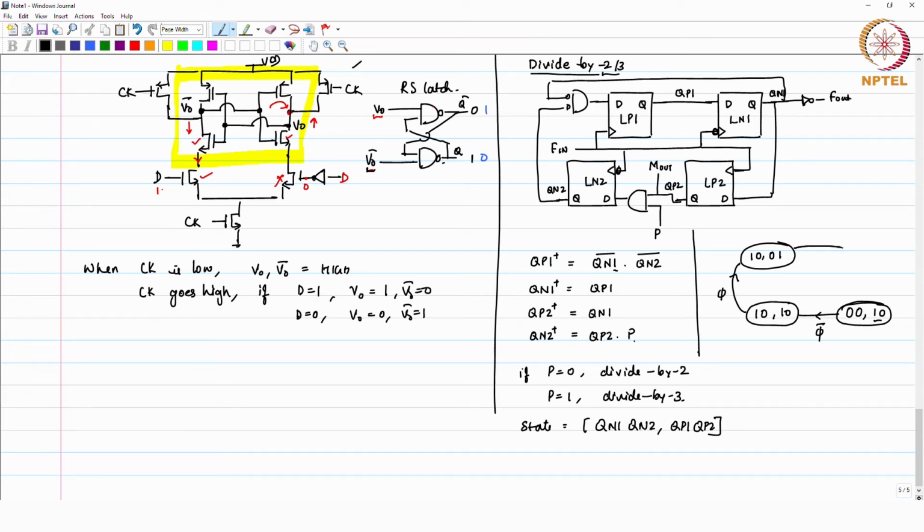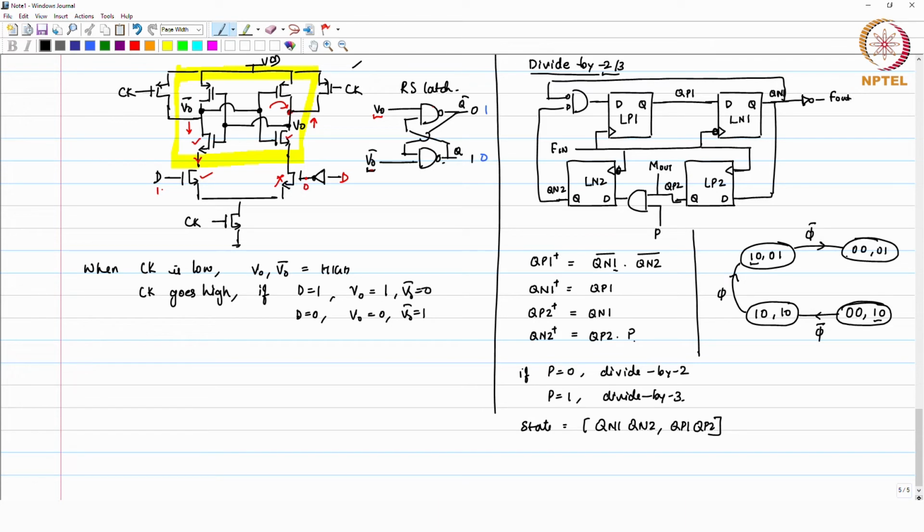Then you get another falling edge in the clock cycle. When you have a falling edge, your Qp1 and Qp2 remain the same. For Qn1, Qn1 plus is Qp1, Qp1 is actually 0. So, this is 0, right, and Qn2 remains 0.